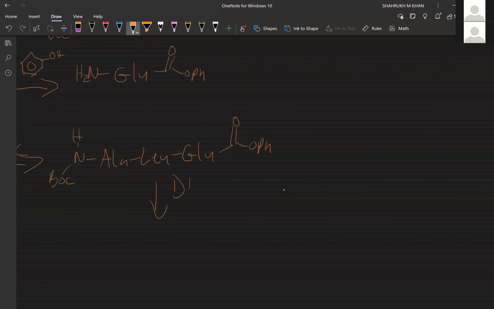So one is going to be the NaOH, H2O, and then how do we deprotect the Boc group? Trifluoroacetic acid, right? TFA, right? So what is that? Trifluoroacetic acid. There you go.